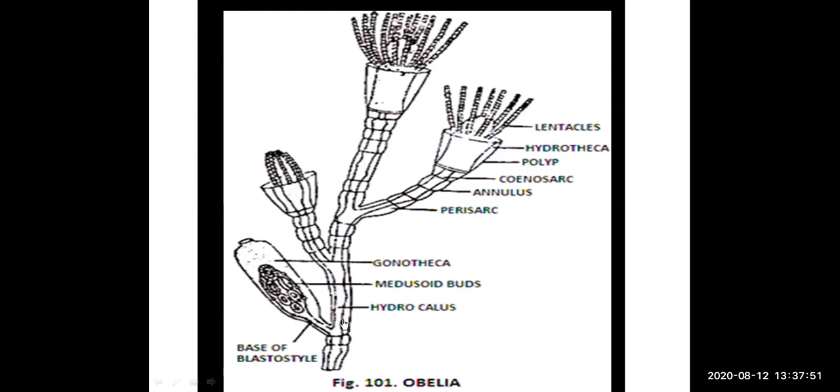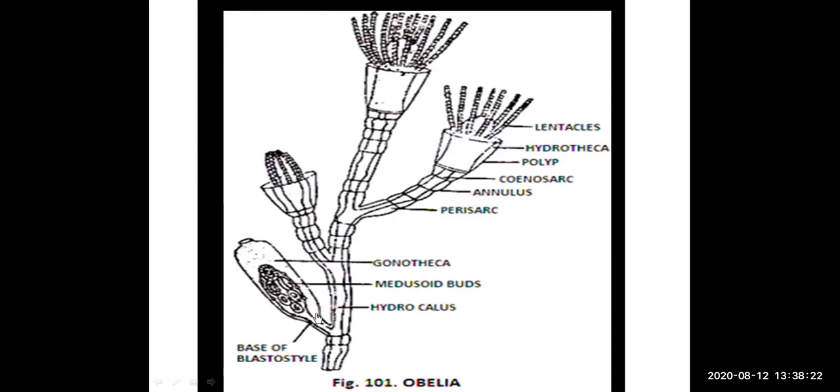The stem of the hydrorhiza gives rise to vertical branches, the hydrocaulus.